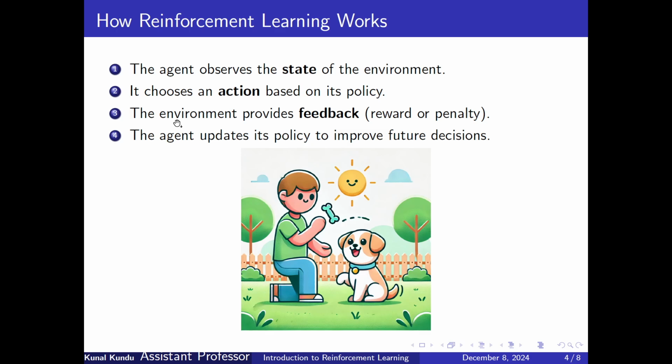Third step is, the environment responds to the action, providing feedback in the form of a reward or penalty. Next, the agent uses this feedback to improve its policy, learning which actions are most beneficial. This cycle continues until the agent learns the best possible behavior for maximizing rewards.